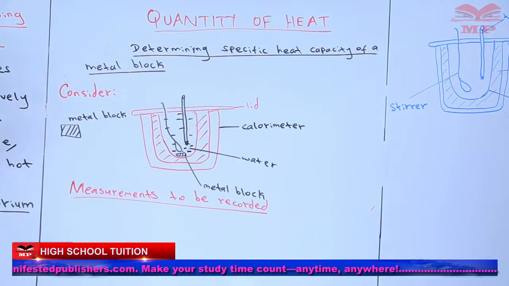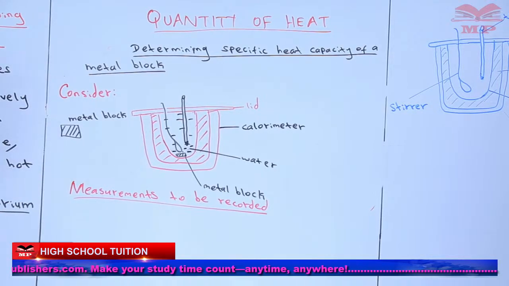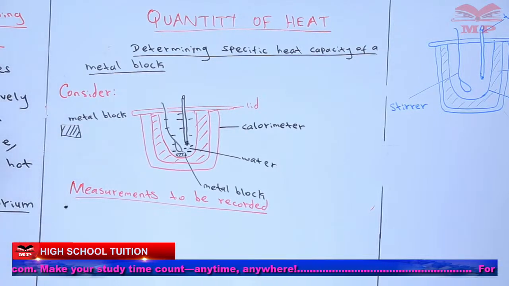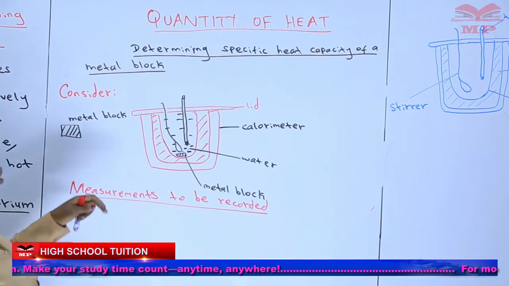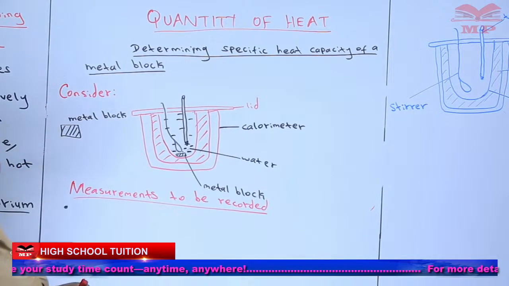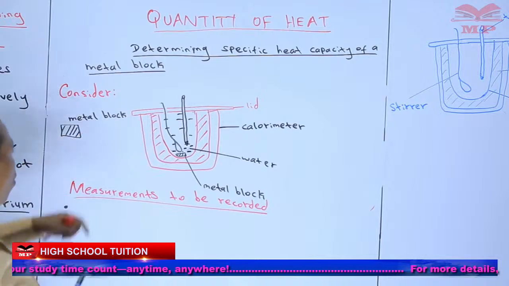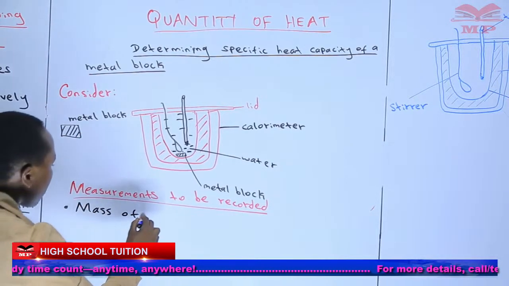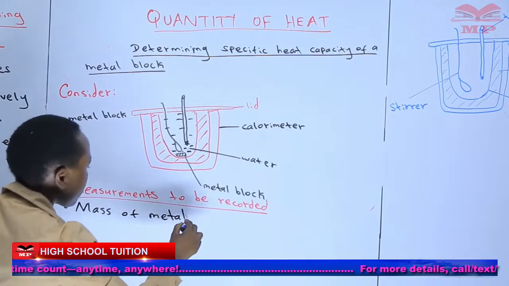This is very examinable. You can be told to give the measurements that need to be taken to be able to calculate the specific heat capacity of the material. So one of the measurements that needs to be taken is the mass of the metal block.